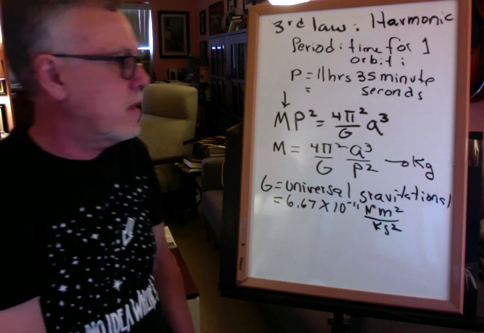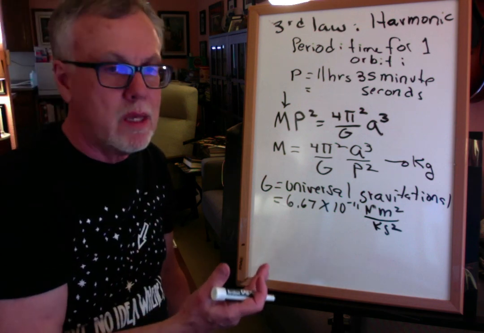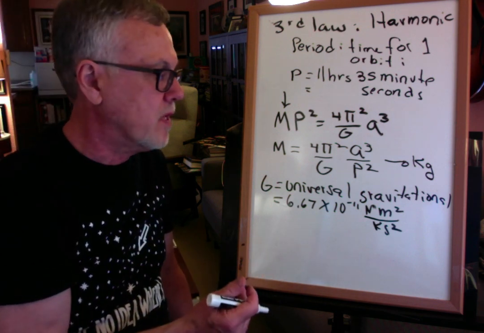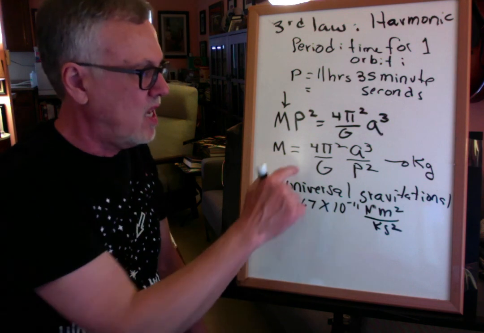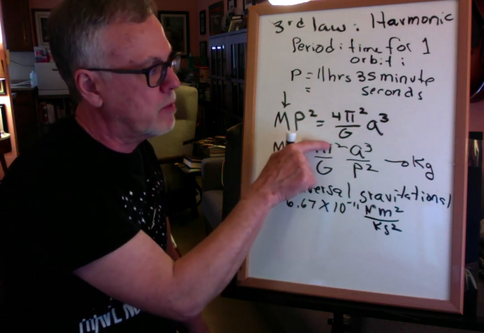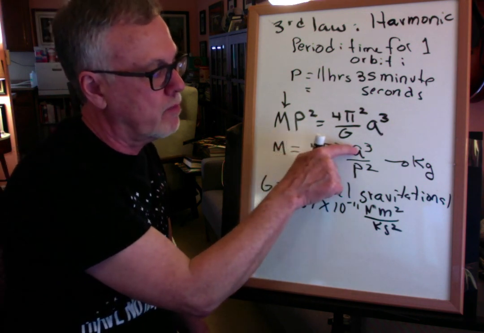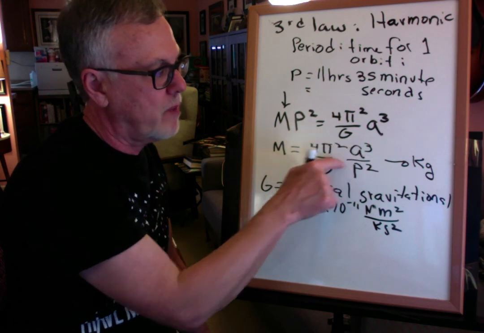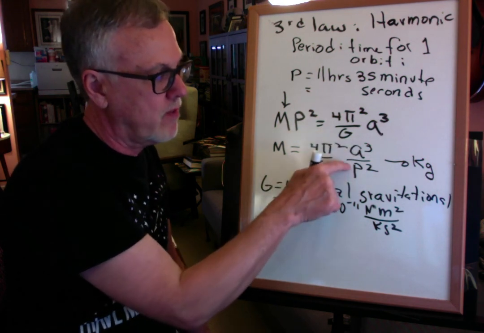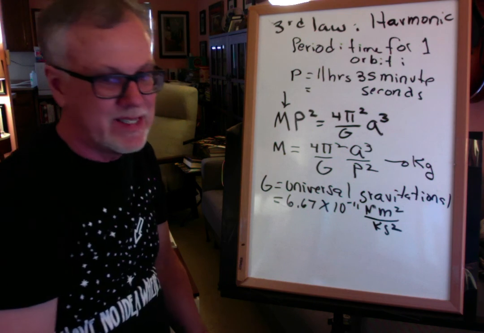And so it's kind of a messy calculation. The way I do this is I go 4 pi squared times a cubed, divided by G, divided by p squared, equals.